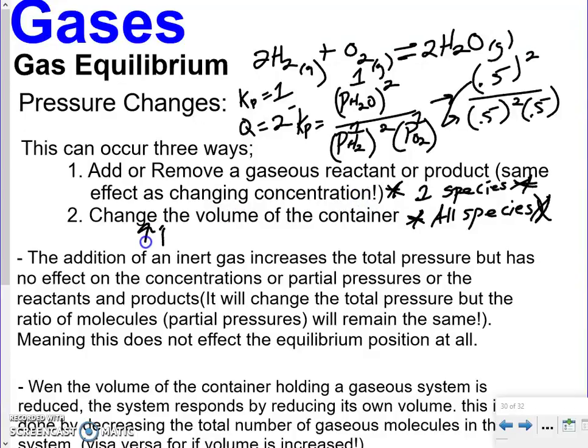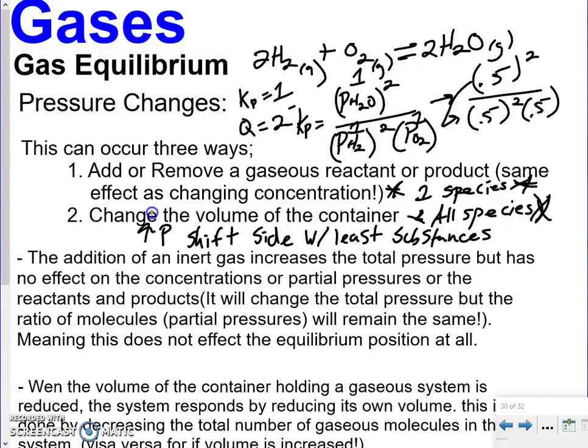By increasing pressure, the reaction is going to shift to relieve that pressure. So it's going to shift to the side with the least amount of gaseous particles, or gaseous substances, we'll call them that, species. Okay?